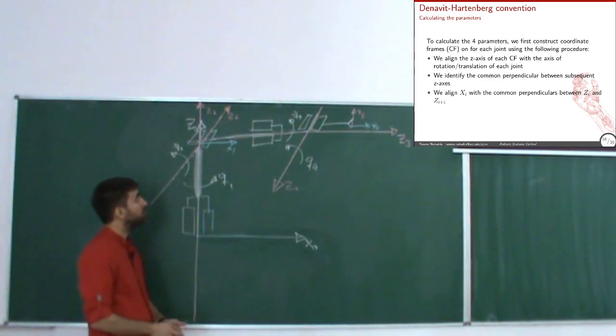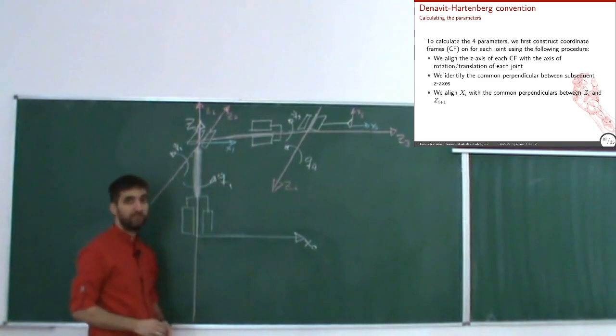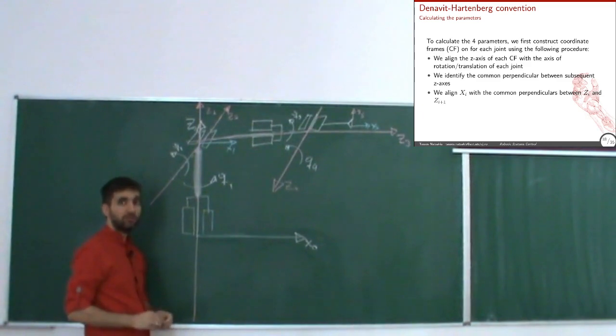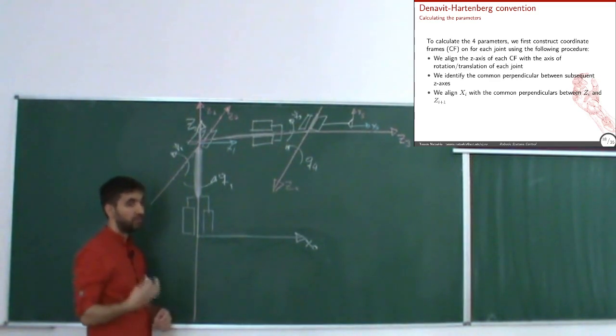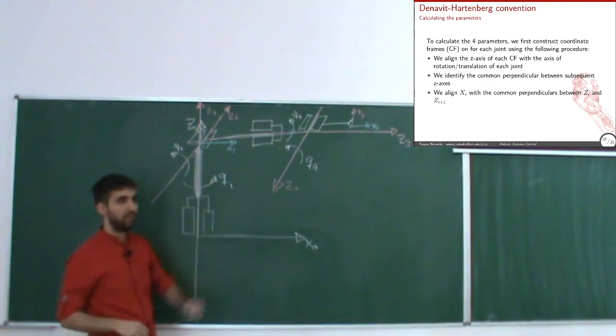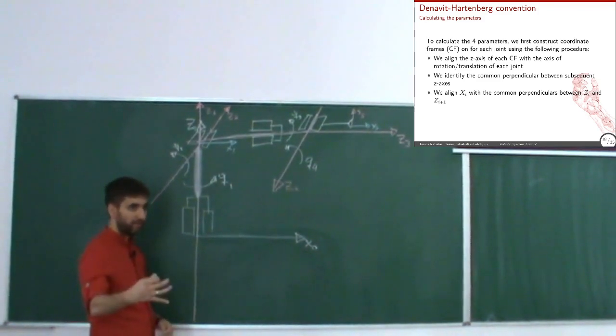So we define x1, what do we do next? We define x2. How do we define x2? x2 is perpendicular to Z2 and Z3.